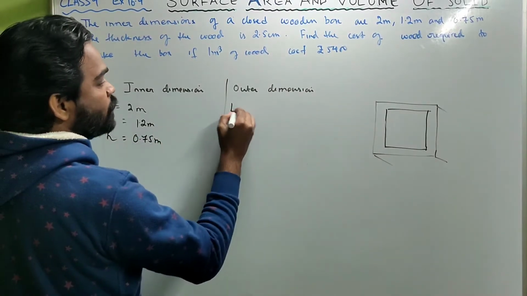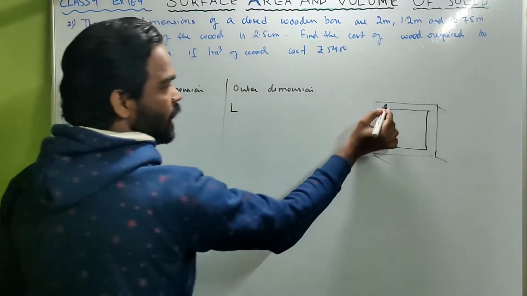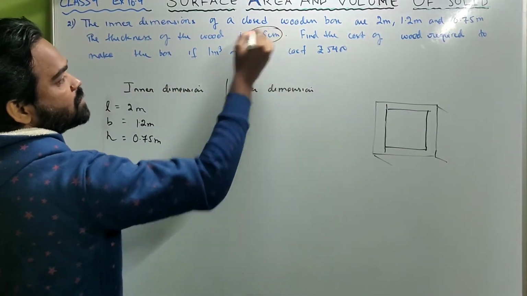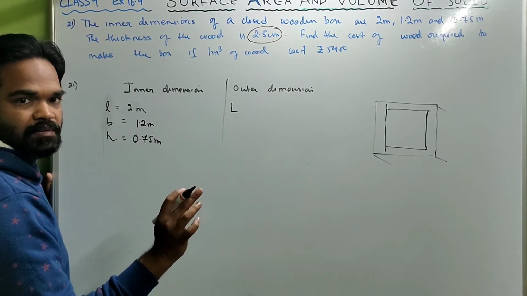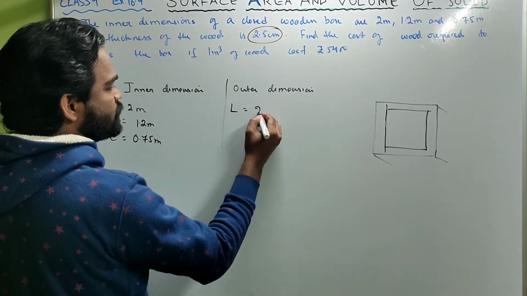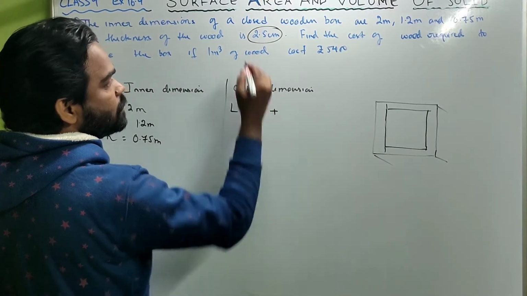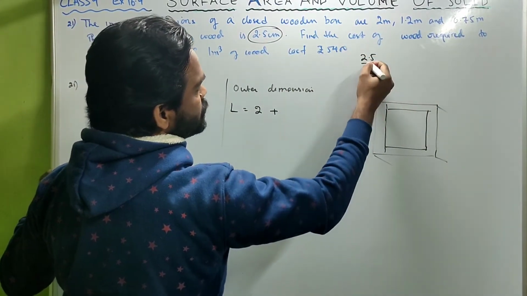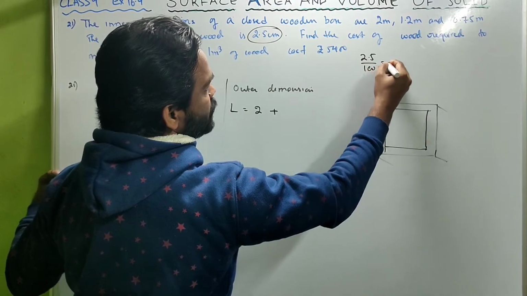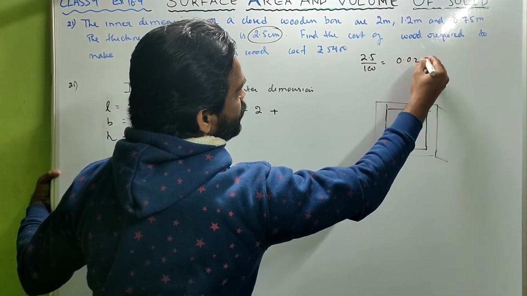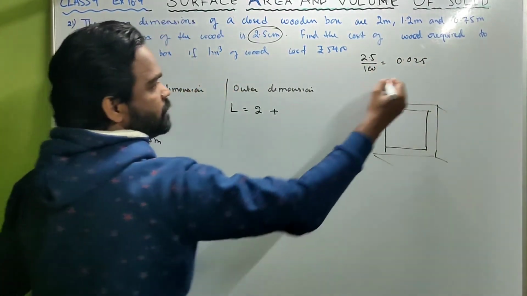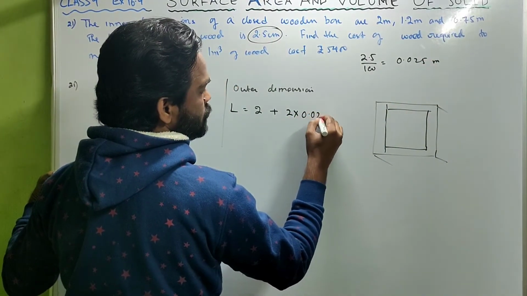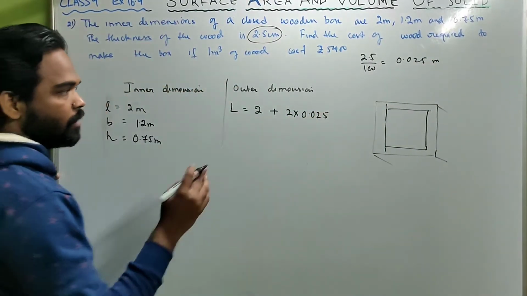But when you talk about outer dimension, look over here, outer. We'll add 2 times the thickness, isn't it? So inner dimension plus, first of all, convert this into meter. So that's 2.5 divided by 100, that's 0.025 meter, isn't it? So twice into 0.025. Am I correct?